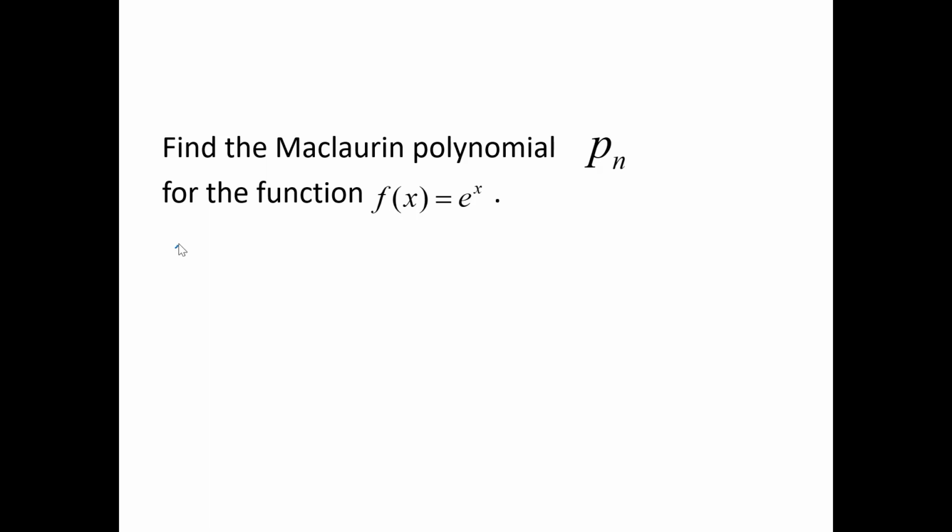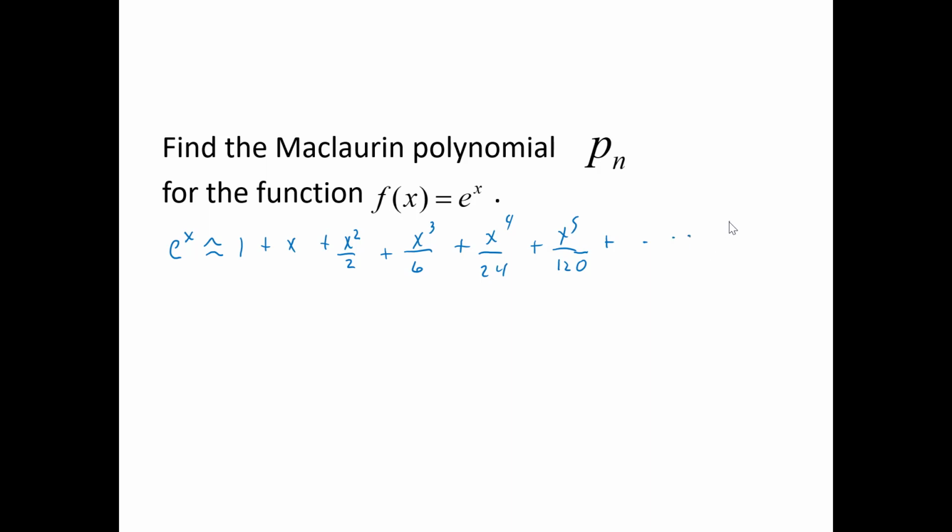Again, what we saw is that e to the x was approximately 1 plus x plus x squared over 2 plus x cubed over 6 plus x to the 4th over 24 plus x to the 5th over 120. And rather than keep going on, we'll just put plus dot dot dot.